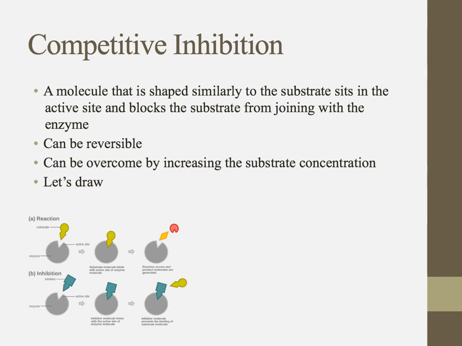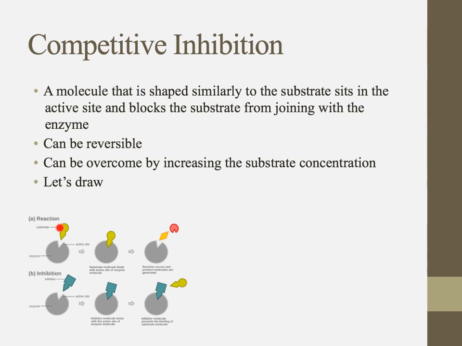The first one we're going to take a look at is something called competitive inhibition. It's exactly what it sounds like, thank God. This is when a molecule that is shaped similarly to the substrate hangs out in the active site, and it blocks that substrate from joining with the enzyme. Let's say this enzyme is supposed to take this substrate and split it into two.